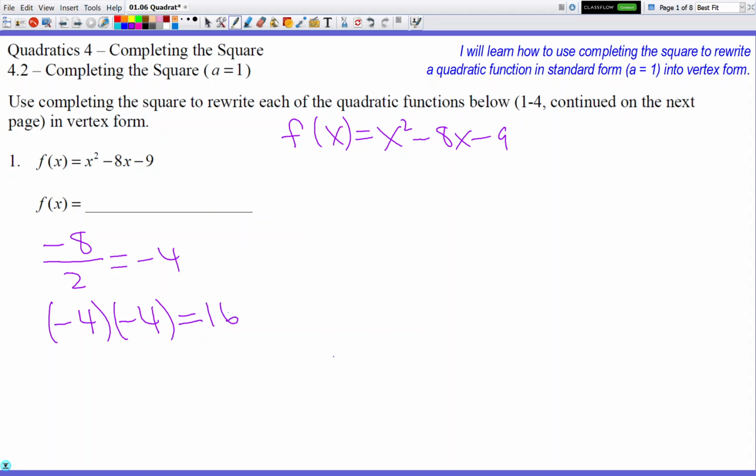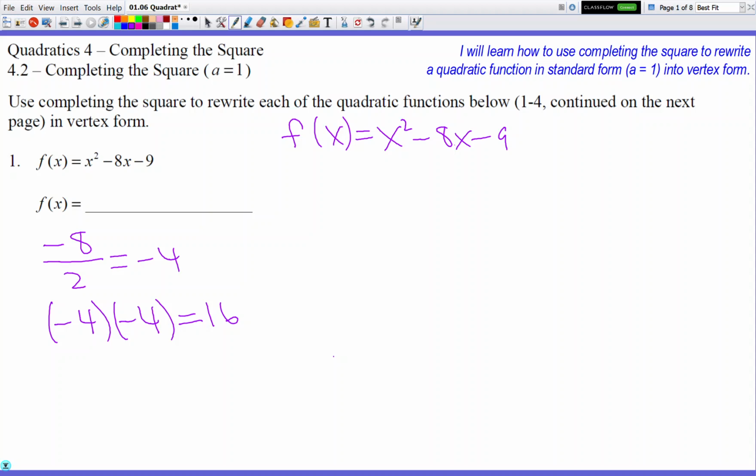This 16 represents the number that should be sitting right next to the negative 8x in this standard form. But right now, is there a positive 16 standing next to the negative 8x in this function? No, unfortunately we have negative 9. So that number is not going to work. This series of steps, cutting it in half and squaring it, is used to figure out the number that should be standing next to the middle number.